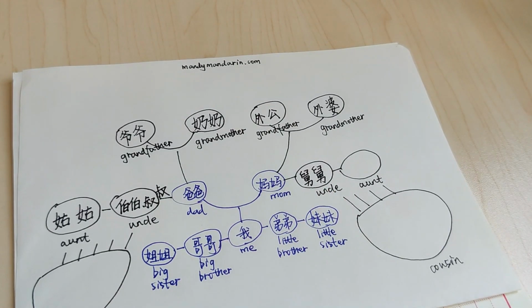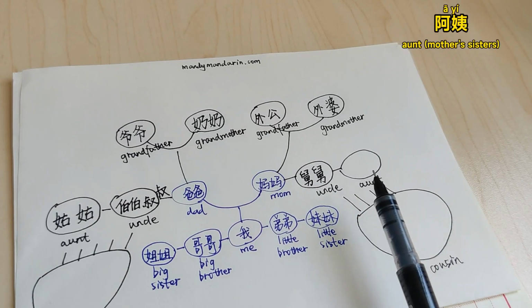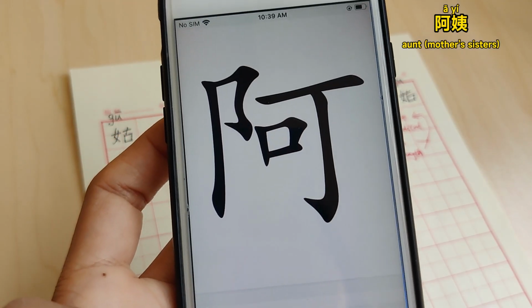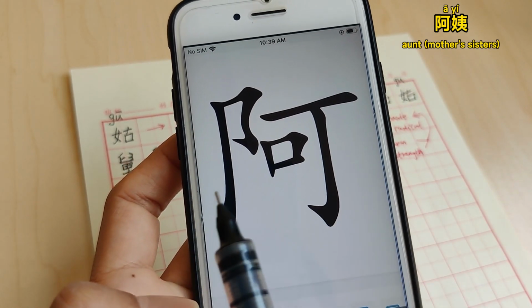As for the next word, that would be the mother's sisters, 阿姨. And this is how we write the 阿. It's a left-right structure.